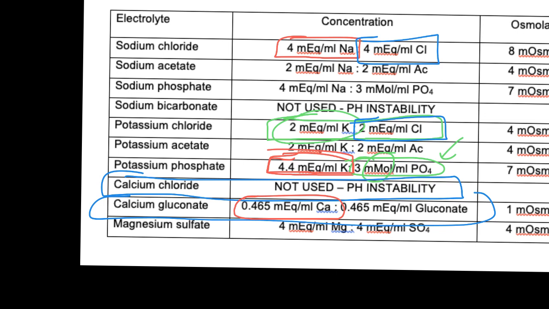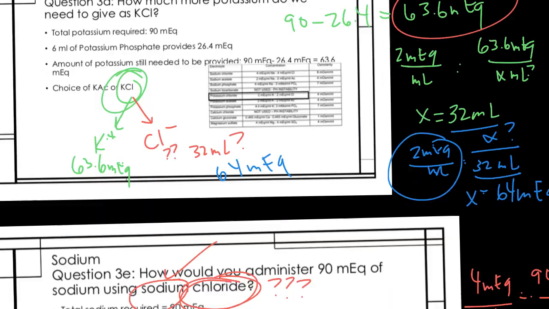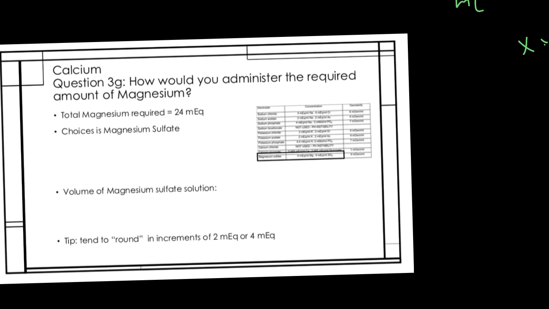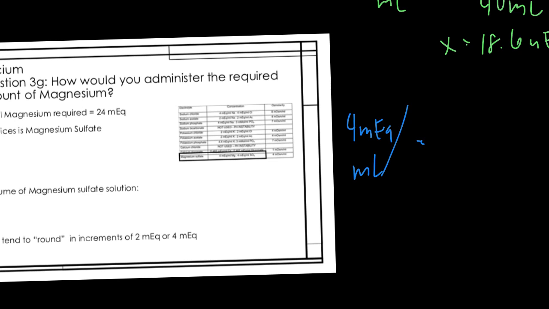Okay, so that magnesium comes in a concentration of 4 milliequivalents per milliliter. So you know that, and you need 24 milliequivalents.